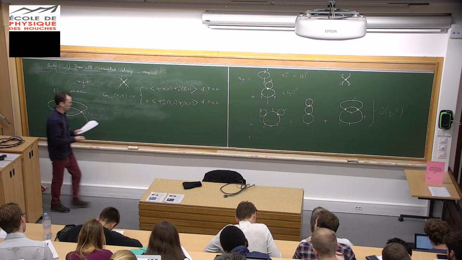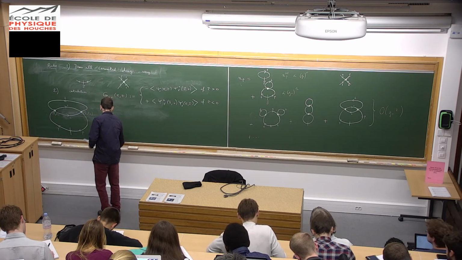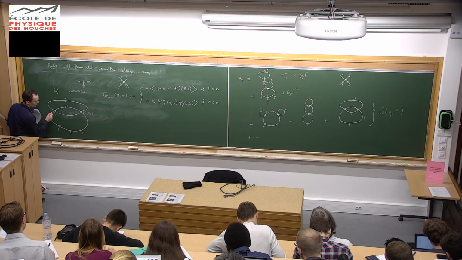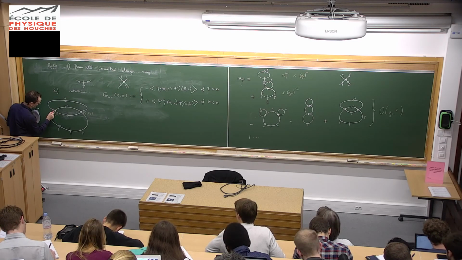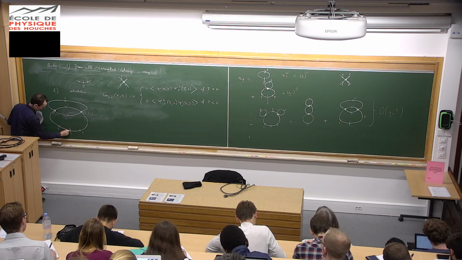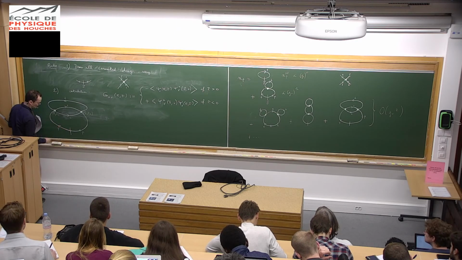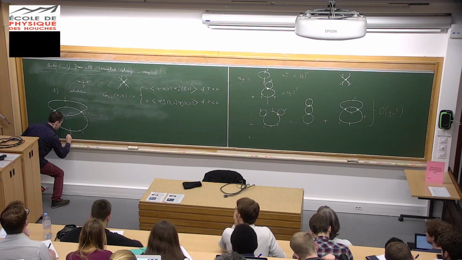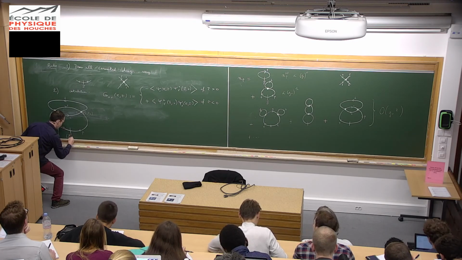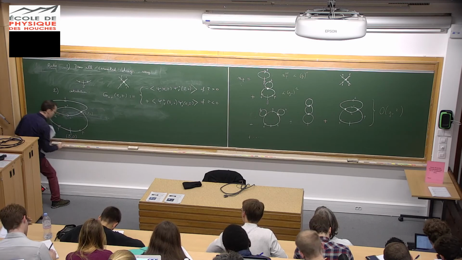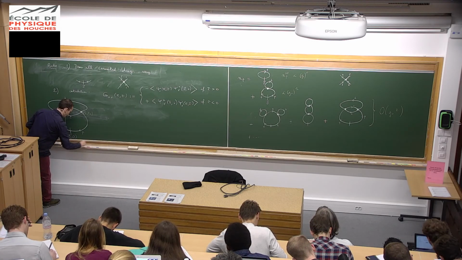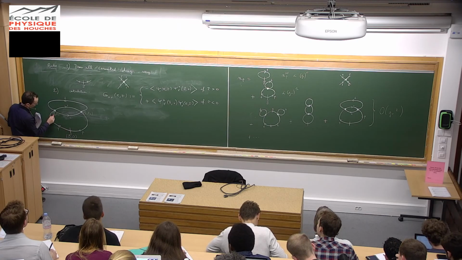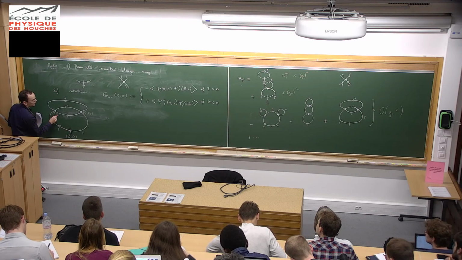And then for each line, you will have a factor g0. So for example, for this line here, it's position 0 and also time 0. So this line goes from 0, 0 to r1 tau 1.